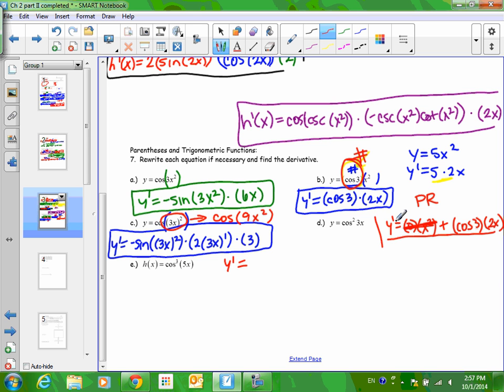I should have put prime over here, by the way. All right, derivative of cosine. What's the derivative of cosine? You keep the inside the same. Then what would you multiply by? 18x.